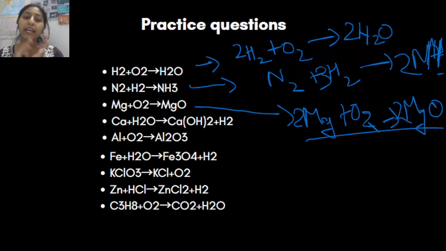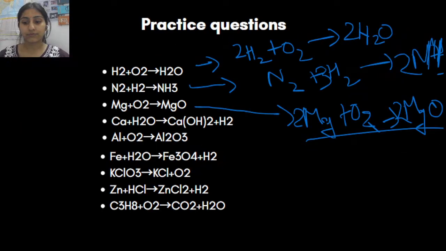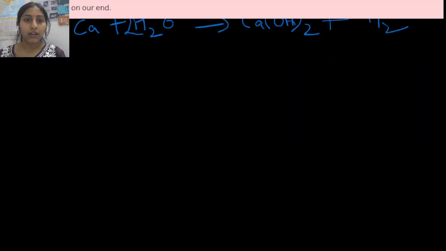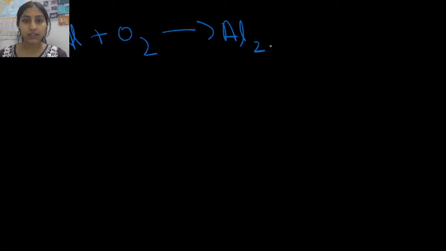Again, Al plus O2 gives Al2O3. So how would we balance this particular reaction? Al plus O2 gives Al2O3.